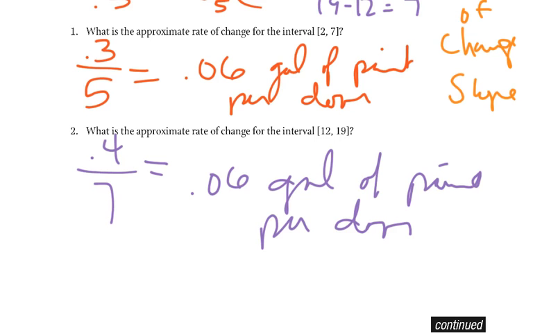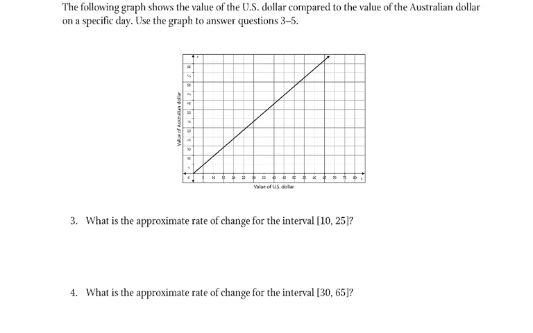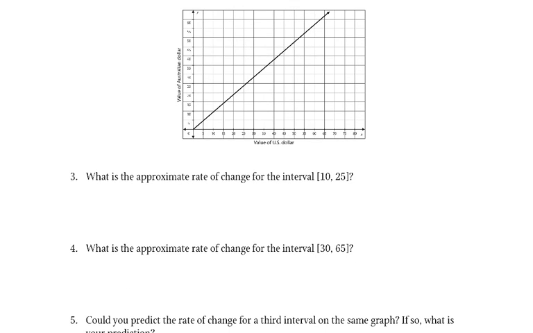Okay, let's take a look at the next one. Now, the value of the US dollar compared to the value of the Australian dollar on a specific date. What is the approximate rate of change for the interval 10 to 25? 10 to 25 is right there. About 10 to about, those are by 5, so that's probably 24, which means this is probably 9.